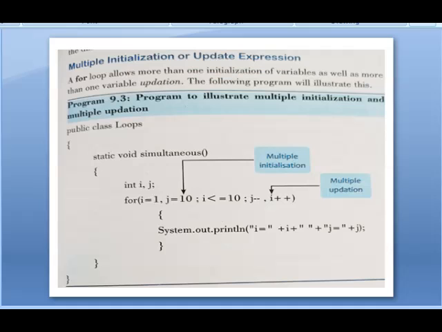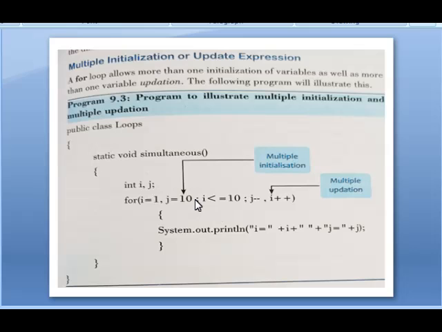We are going to see the next topic, multiple initialization or update expressions. The for loop allows more than one initialization of variables as well as more than one variable updation. The following program will illustrate this: a program to illustrate multiple initialization and multiple updation. Here you can see we are using the variables i and j together.